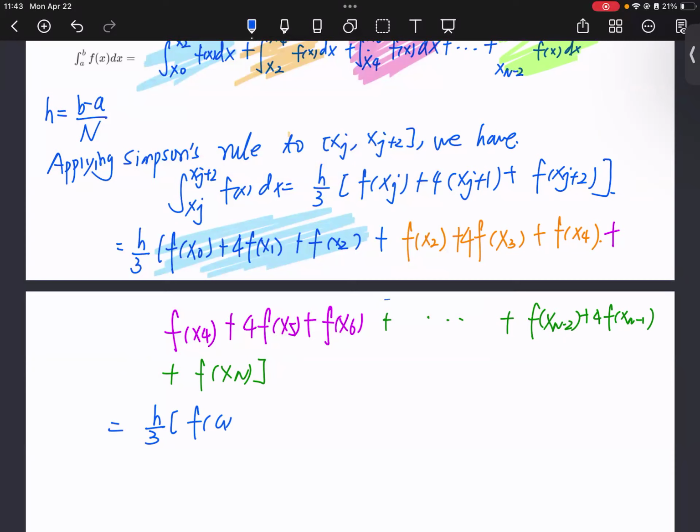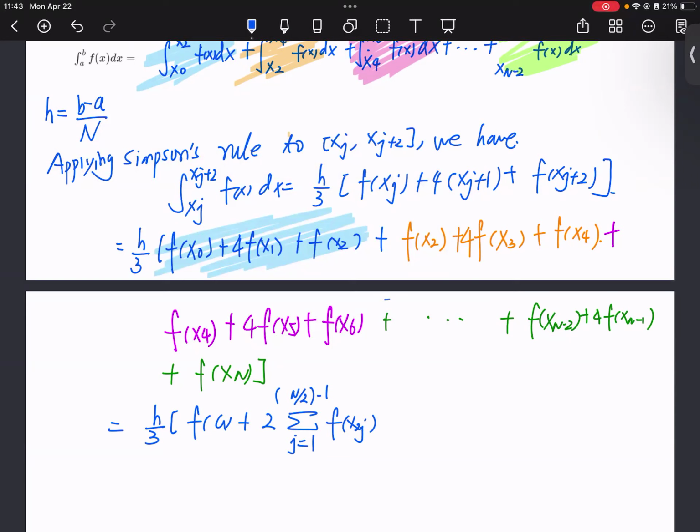and plus, and then 2 is for the even index term, and then this j is different from what we have just now. I'm doing some re-indexing here, and then this is for the 2j, the subscript here, 2j. It means that this is the even index term.